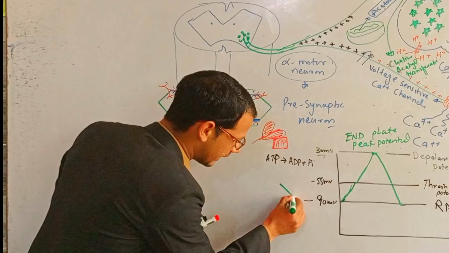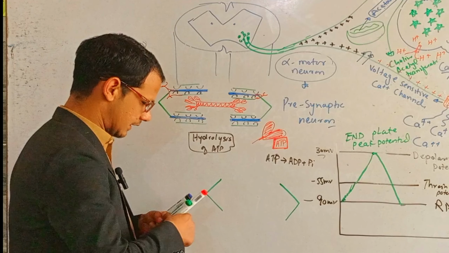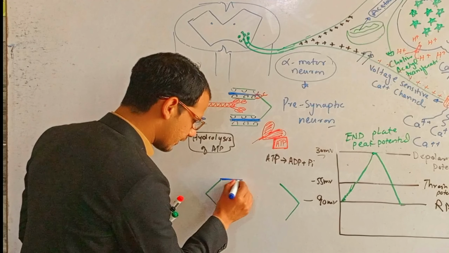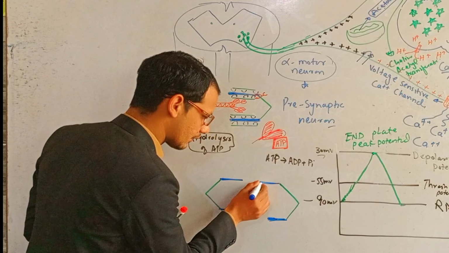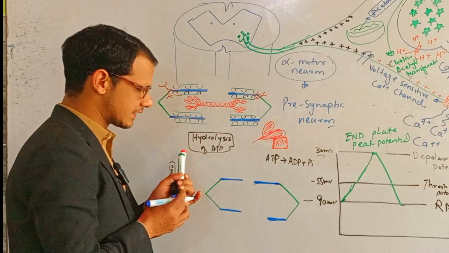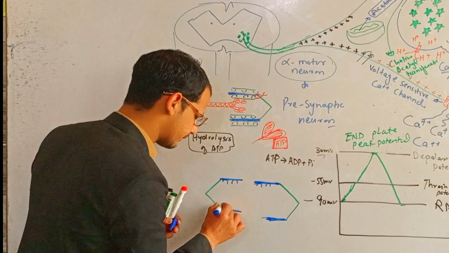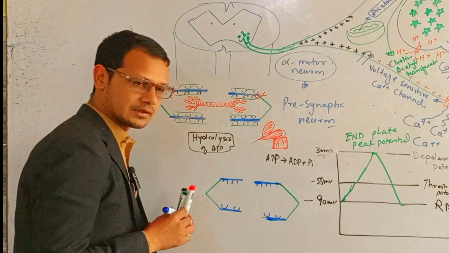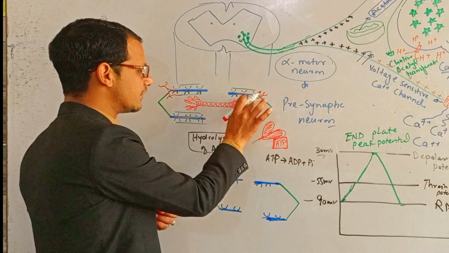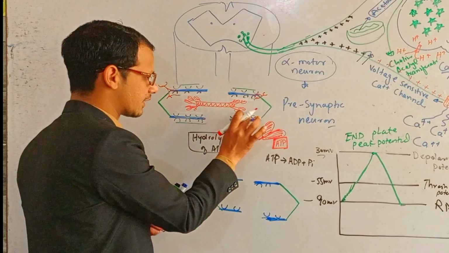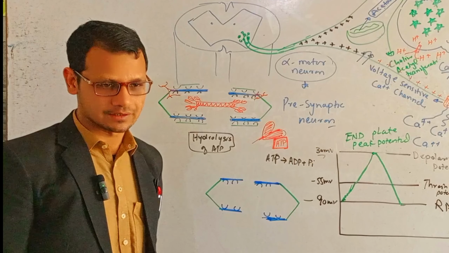For example, this is the Z line, and these are the actin proteins, and these are the sites. That mechanism is done. These sites are now open for binding of these myosin heads, because calcium is present.